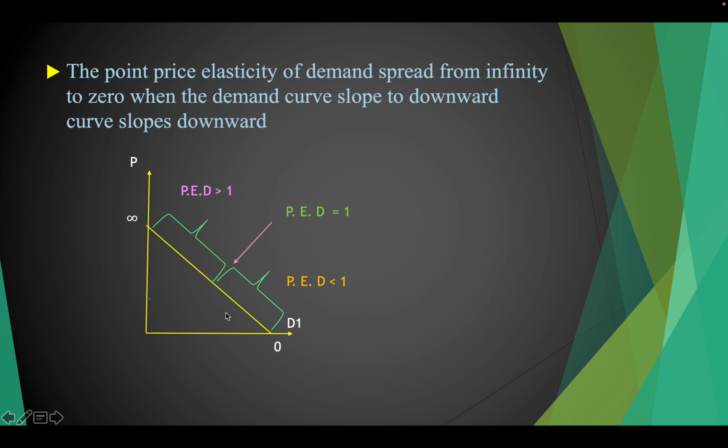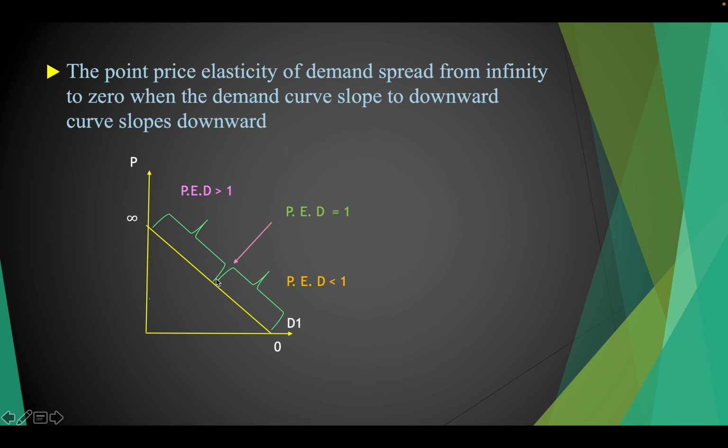On this type of demand curve, a left to rightward, downward sloping demand curve, we have to learn the elasticity. So, the elasticity is changing from infinity to 0. Here, in the middle of this demand curve, the point price elasticity is equal to 1.